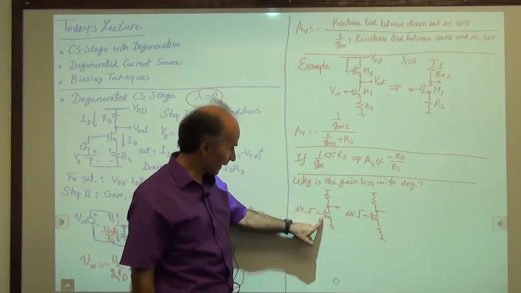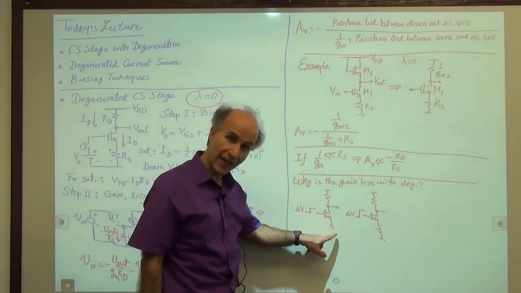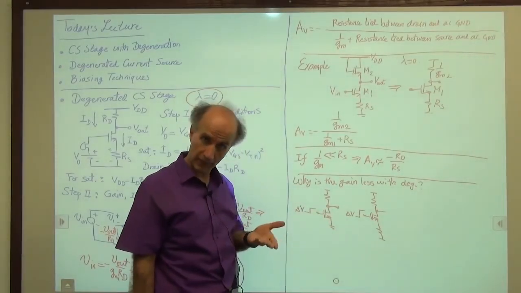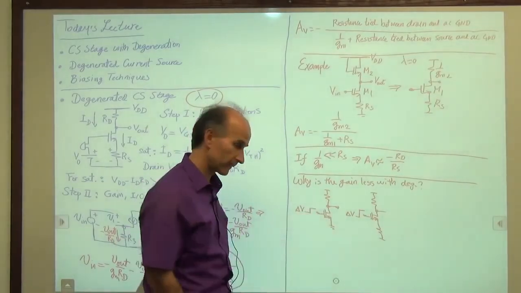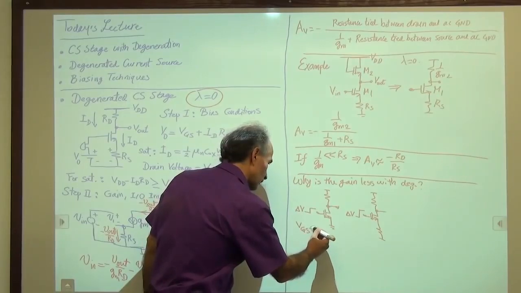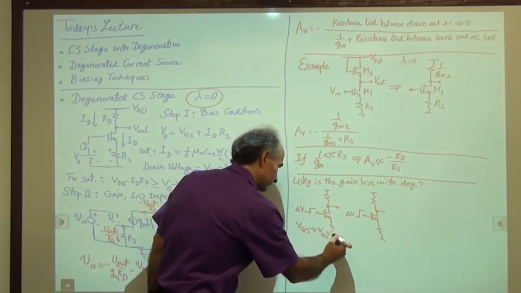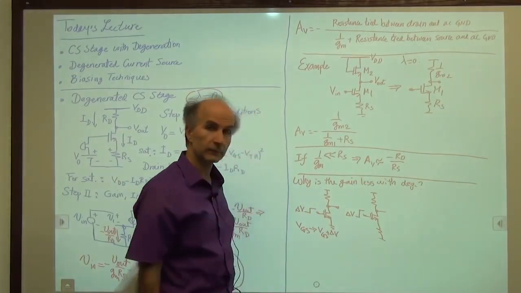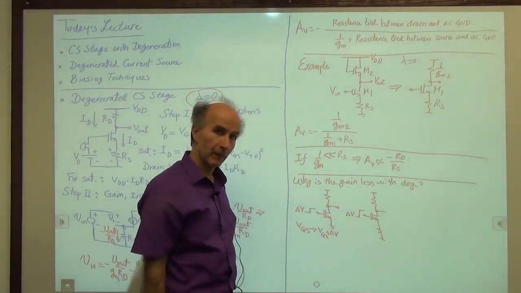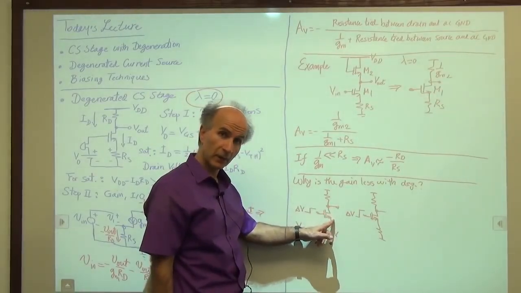Well, in the circuit on the left, when the gate goes up by delta V, VGS goes up by delta V. That's obvious, right? Because the source is grounded. So we see that VGS changes to VGS plus delta V. Okay, so then how much change do we have in this current from the bias value?